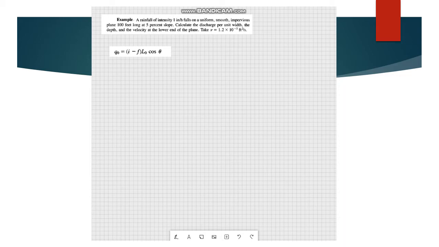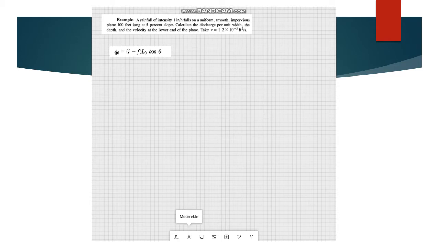We need to convert the units, first of all to feet per second, then multiply by cosine theta. We are going to calculate this theta from the slope.